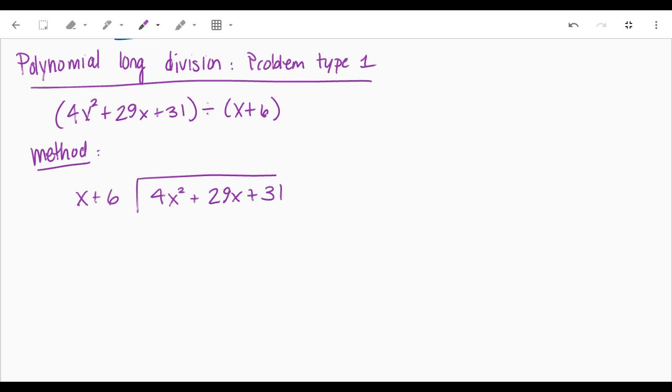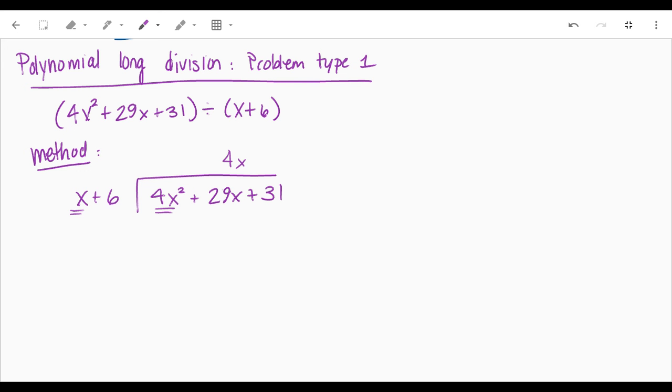And then much like when you did long division, you just look and see how much the first digit goes into the first digit of the underneath. So how many times does x go into 4x squared? Okay, so you would need a 4x there. And you place the value matter, so your 4x would go right here.